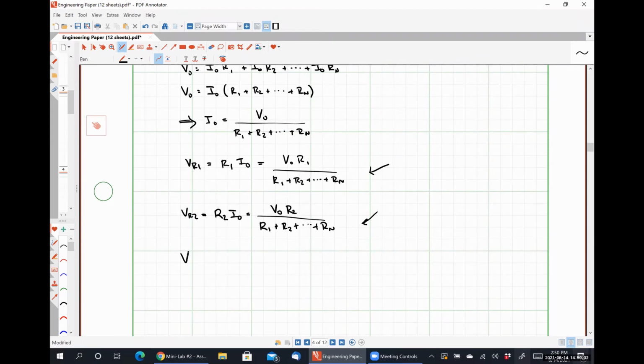is that the voltage drop over the kth resistor in series is simply the voltage drop across all of our resistors in series multiplied by the kth resistance divided by the sum from i equals 1 to n of all of our resistors in series, or put in a slightly less terrifying way, V naught multiplied by the resistor we want, which I'm calling Rk, divided by the equivalent resistance of all the resistors seen by that voltage V naught.